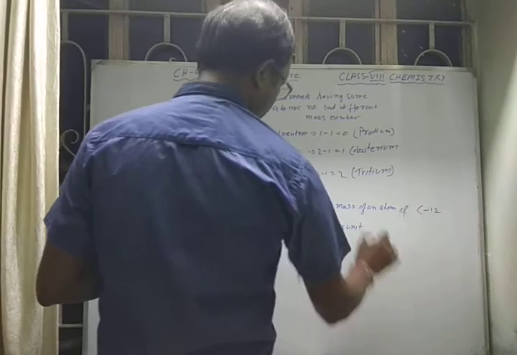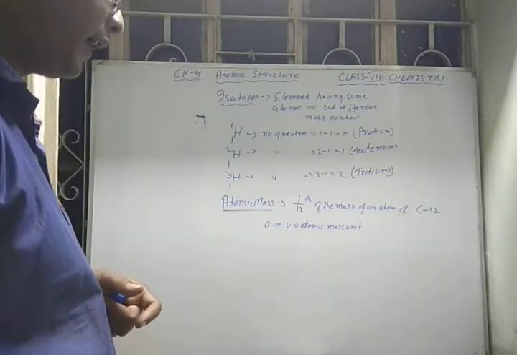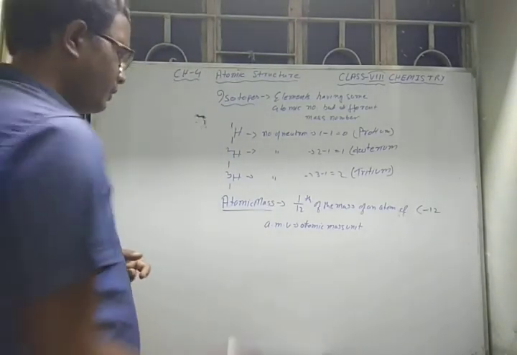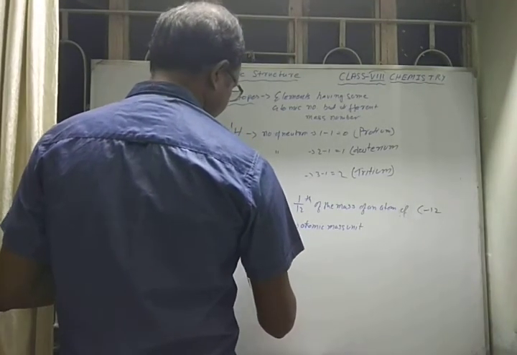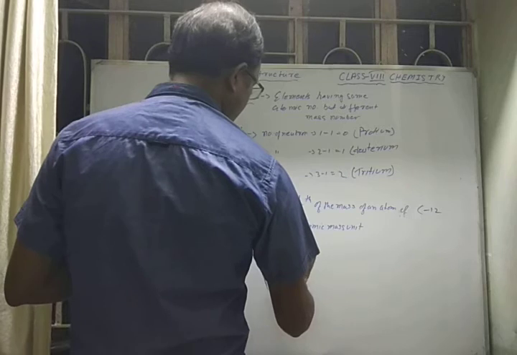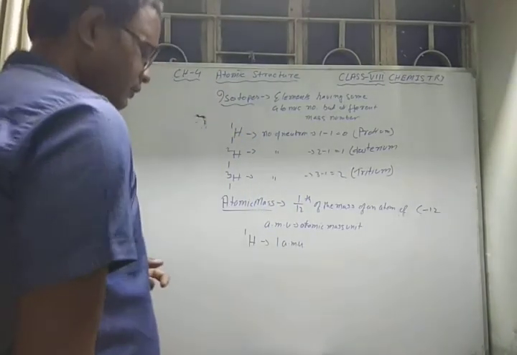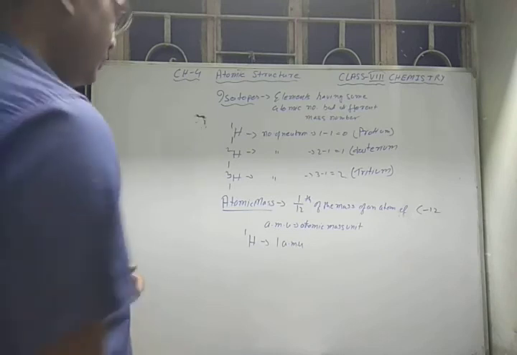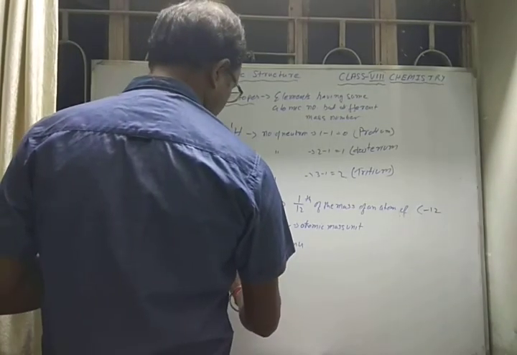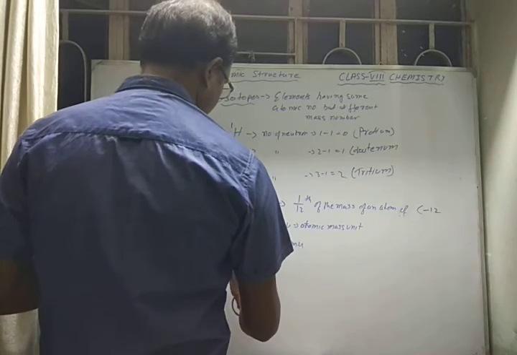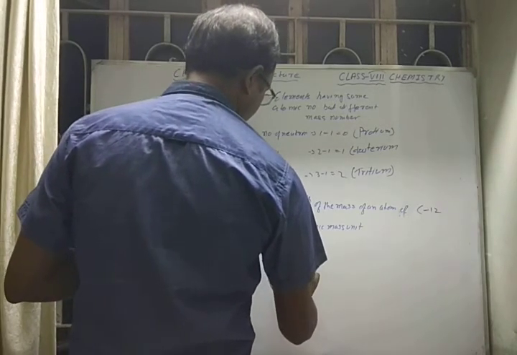If a hydrogen atom has atomic mass 1, then we write 1 AMU. If oxygen has atomic mass 16, it is 16 AMU.